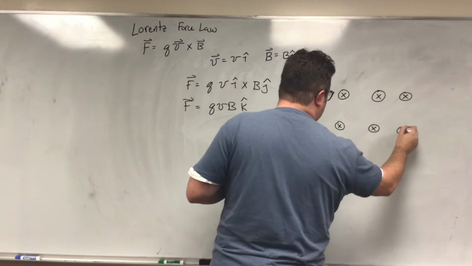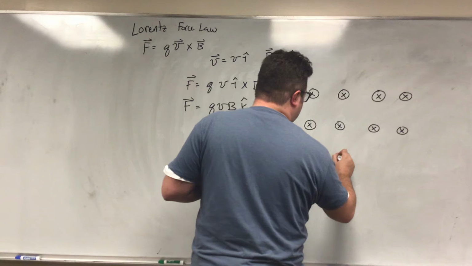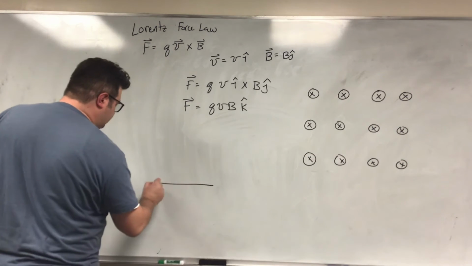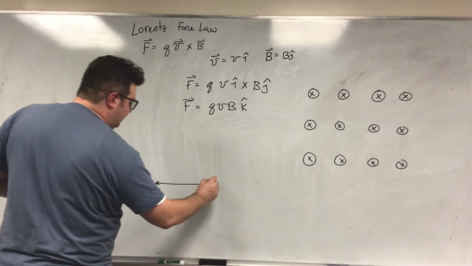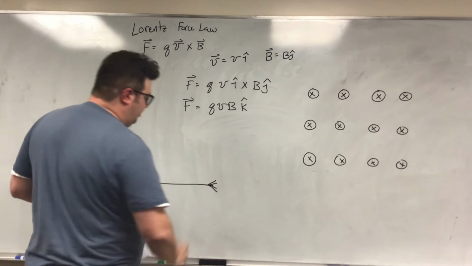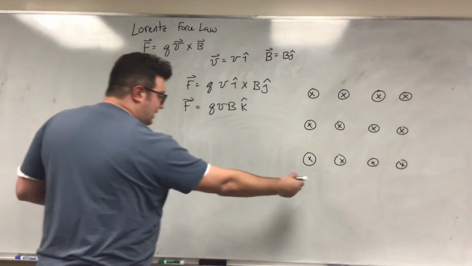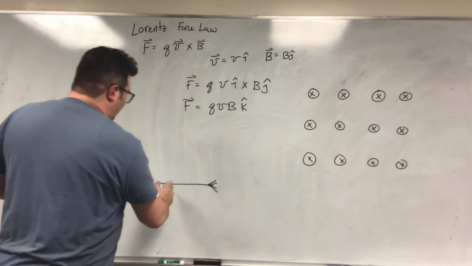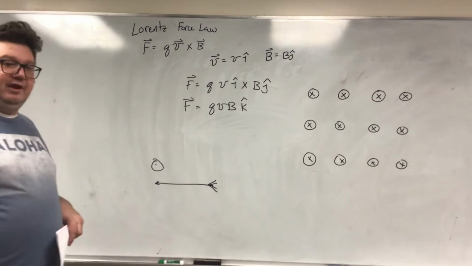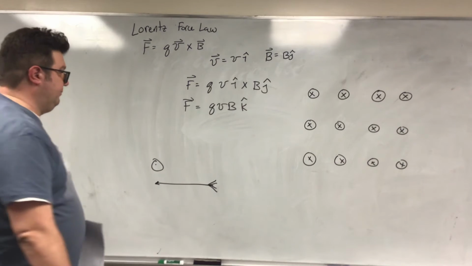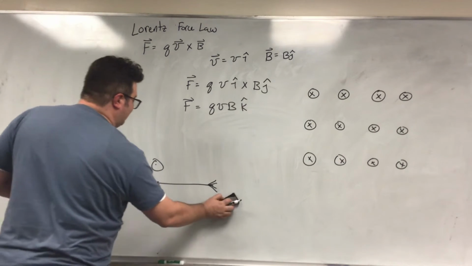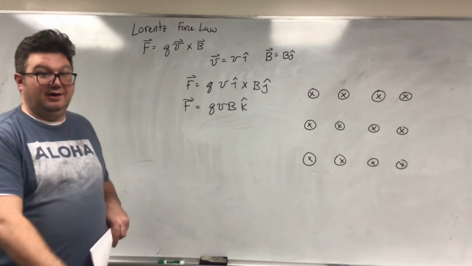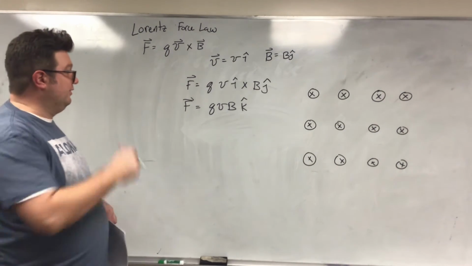Remember, into the board we draw with an X. It's like if we have an arrow: here's the tip, and then we have the feathers, which are X's. If you're looking at the back end of your arrow, you see X's, whereas if you're looking at the front end of your arrow, you see a point. A nice grid of X's means it's a uniform magnetic field.